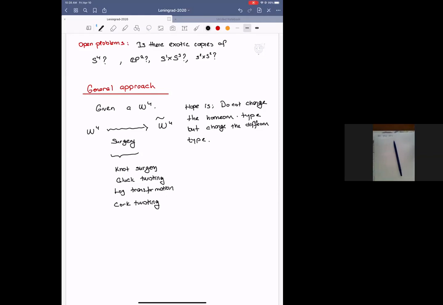And those are really well-studied things. Indeed, example one uses that, and example two uses crop twisting. There are many examples here.